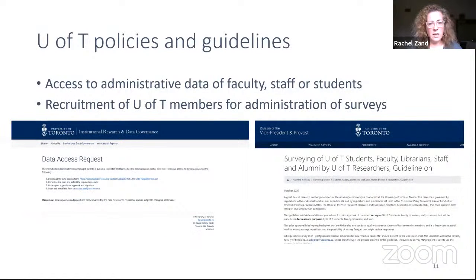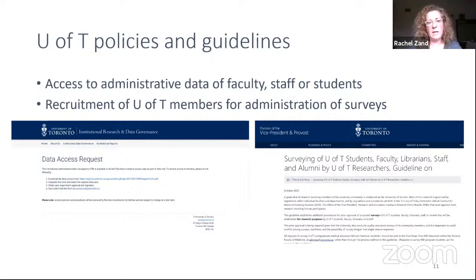So finally, there are some policies and guidelines that institutions implement. And I just have two here that I'm going to discuss. So one of them is access to administrative data of faculty, staff, or students. I'm sure a lot of institutions have this, our institution gets a lot of requests from researchers, whether internal or external to the university, to look at administrative data.